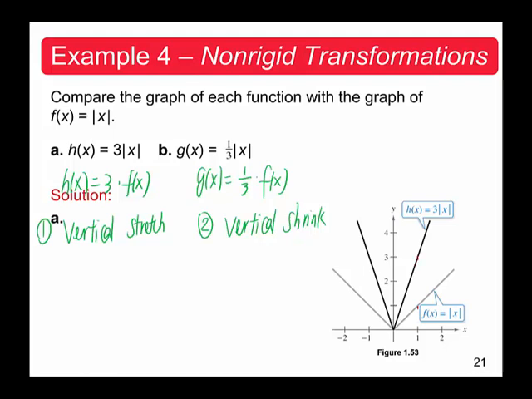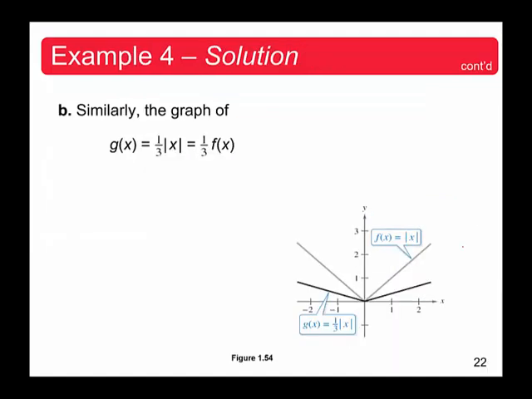That's why it becomes a much narrower graph, and a much narrower graph indicates it's a vertical stretch, because this is narrower. And here we know this is vertical shrink.